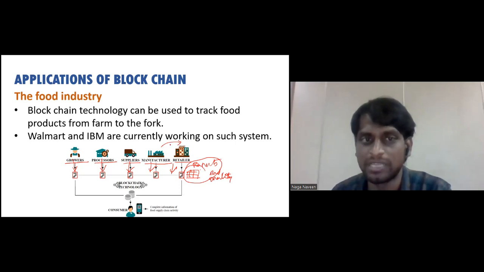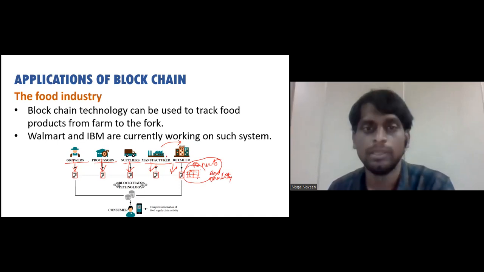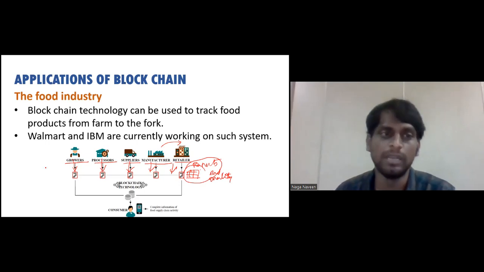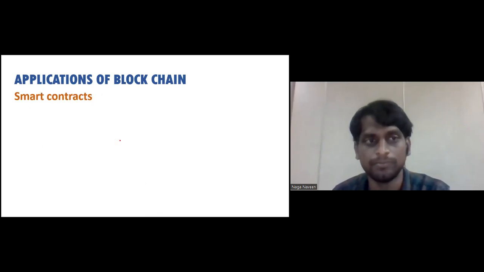That batch can be stopped from circulating and from selling, which is very difficult in the traditional system. So this will help in tackling such situations very easily. Actually, Walmart and IBM are currently working on this kind of system.